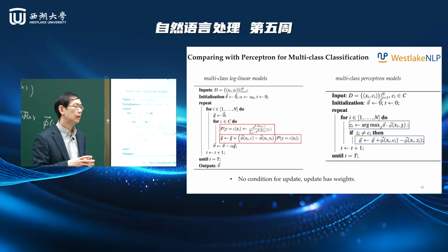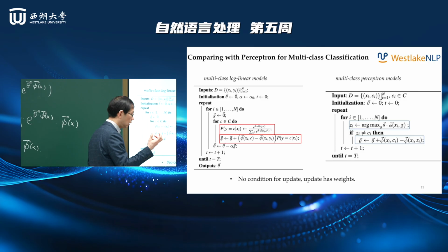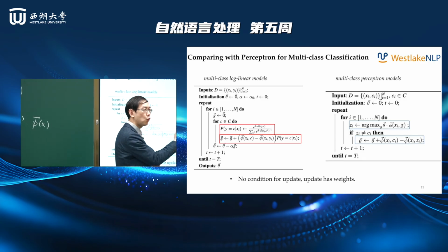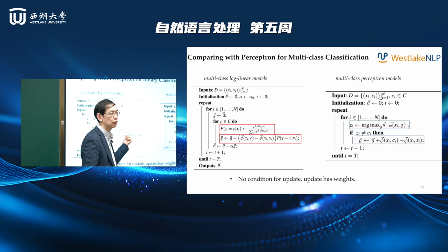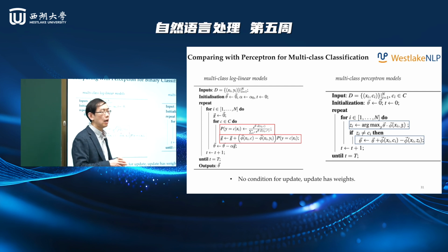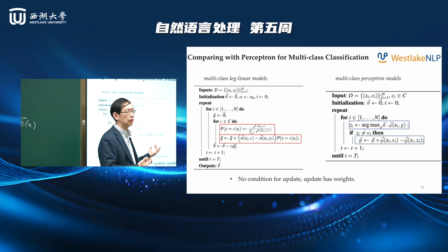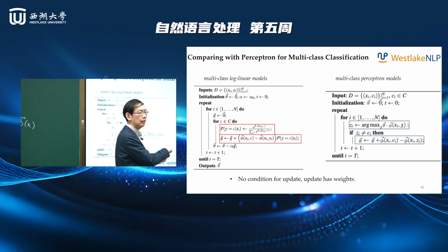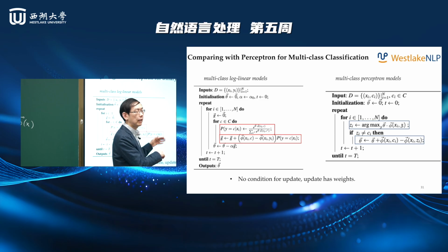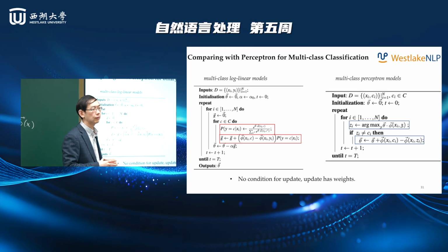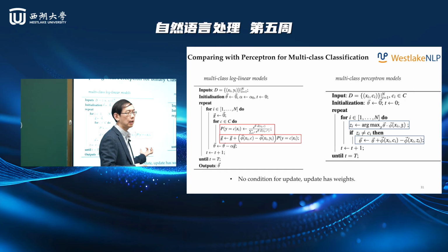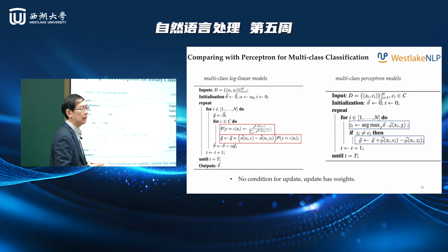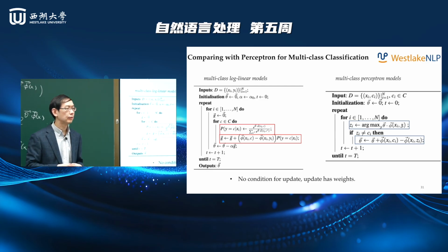You can understand it as if the gold output has a probability of 1 and all the incorrect output has probability of 0, then it doesn't do the update. Otherwise, as soon as log linear model gives a small probability to any incorrect sample, it will do the update. Okay? And the update is the feature difference between the gold sample and the incorrect sample, weighted by the probability of that incorrect sample. All right.